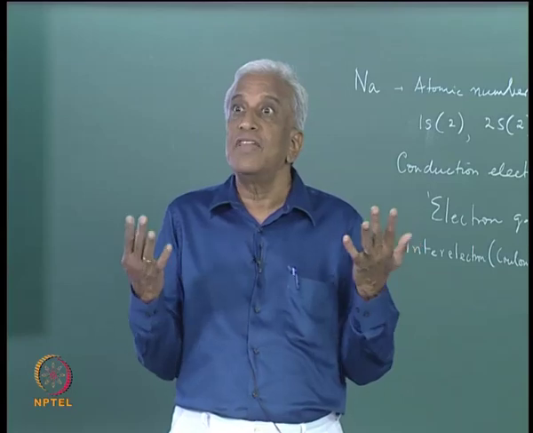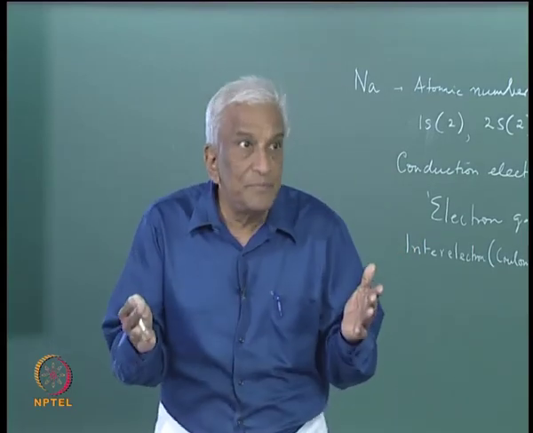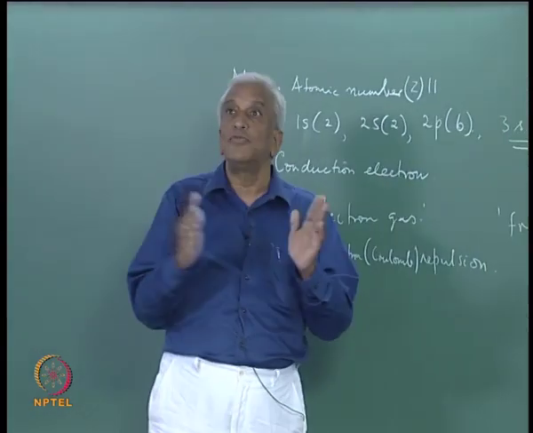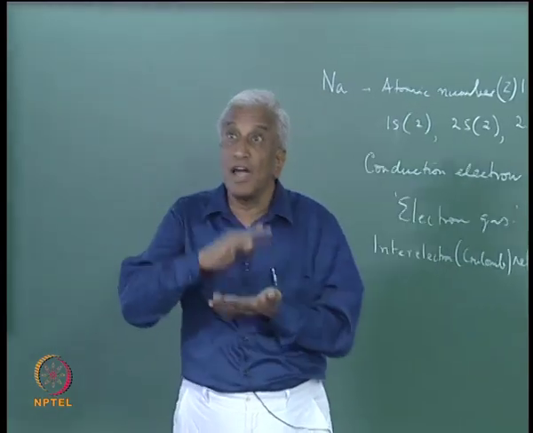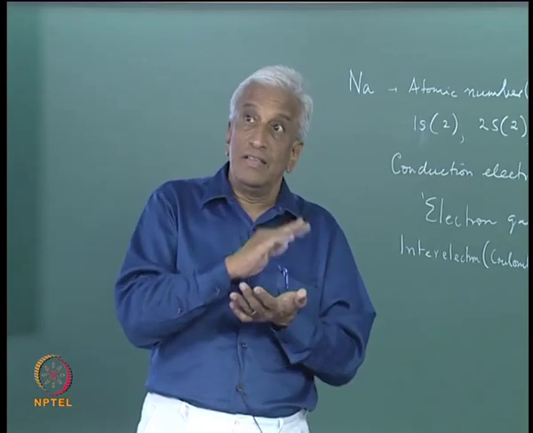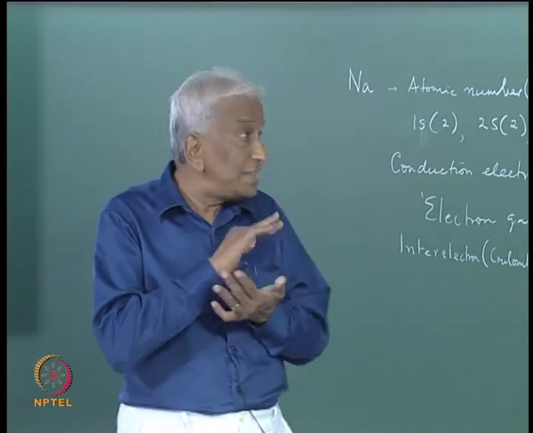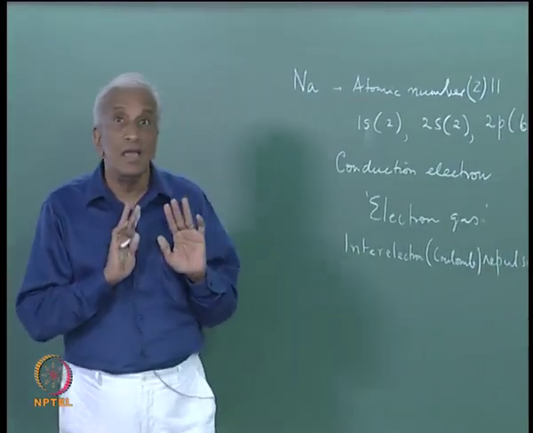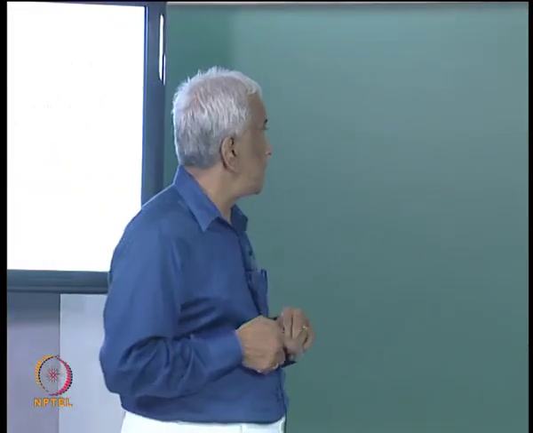The metal is now somewhat like a box within which this electron gas is free to wander around, but the electron is not allowed to escape out of this metal. So, that is the only constraint on the electrons. So, within the metal they are free to wander around, very much like the atoms and molecules of a gas.